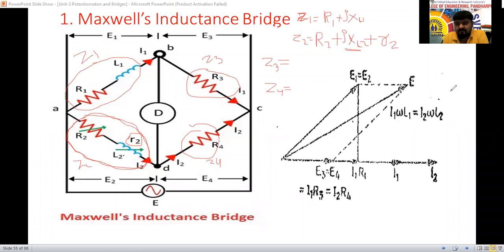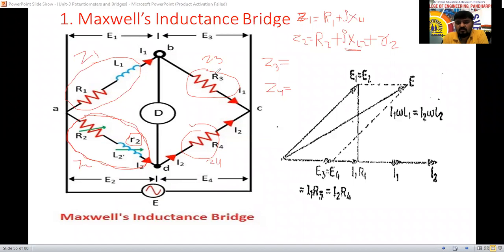Roll number 20, Vinayak Gore Vinayak. Yes, sir. What do you mean by Z3? What is the formula for Z3? Here it is in the equation. According to this circuit, Z3 equal to what? Is there any imaginary term here?